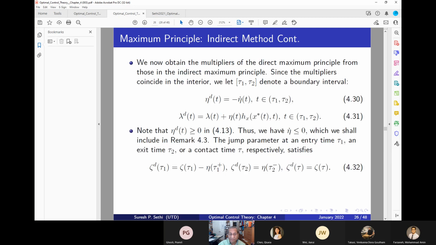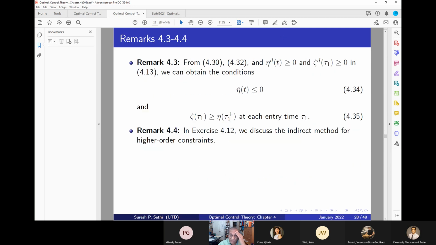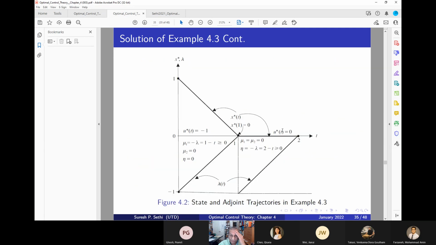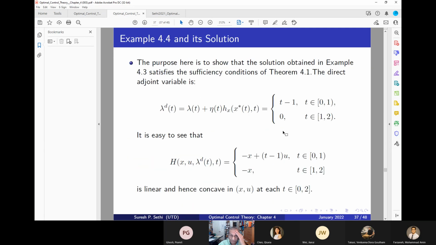Once I find this, I can use the sufficiency condition of the maximum principle. That's what I'm doing here. So lambda d, using that condition, is like this, t minus 1 and 0. And the Hamiltonian now is given by this with respect to lambda d.